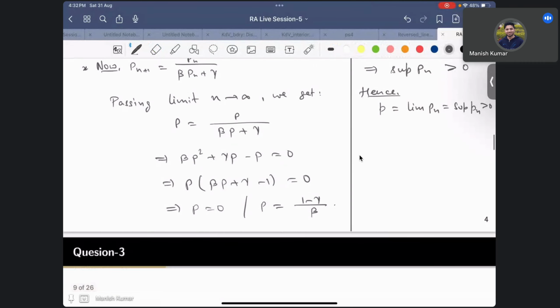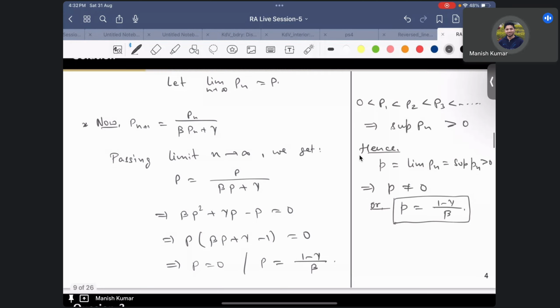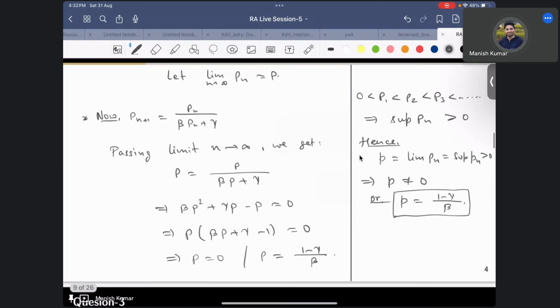Hence this proves that P cannot be 0, or in other words P is equal to 1 minus gamma upon beta. Okay, so this is the final answer for this problem. So the limit value will be this.